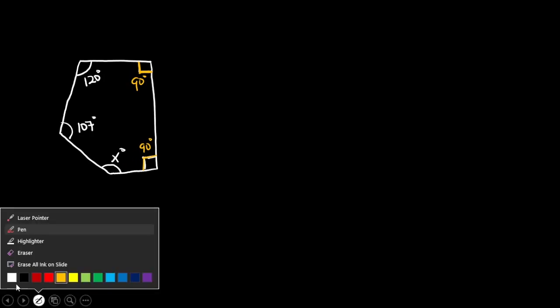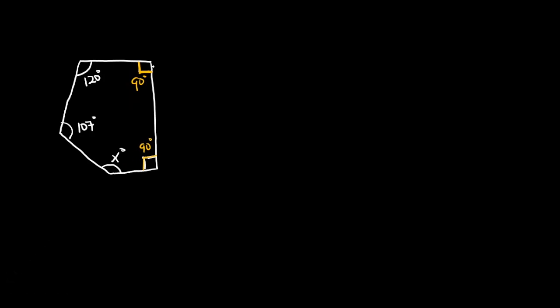All right, so the first thing we need to do over here is to identify the number of vertices that we have. In this case I have 1, 2, 3, 4, and 5. So I have 5. So my value of n is 5. So I have to find the sum of the interior angles of this polygon with 5 sides.